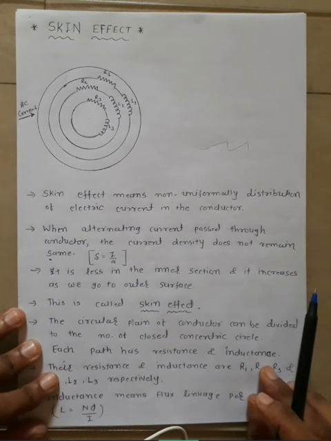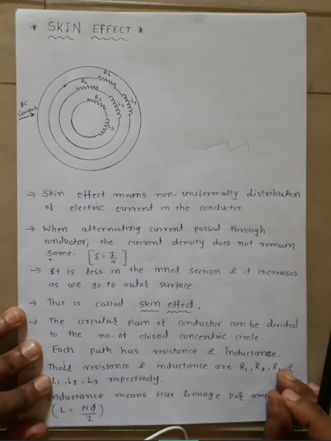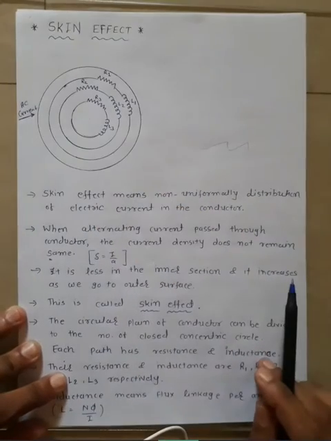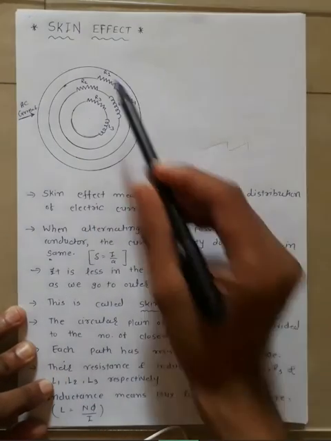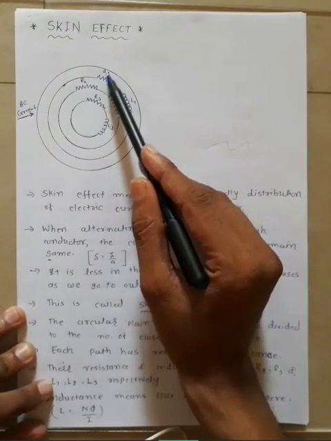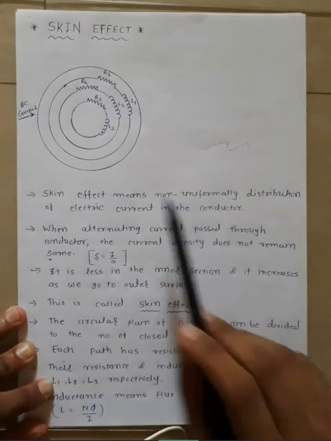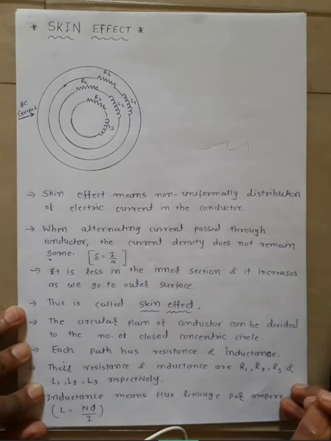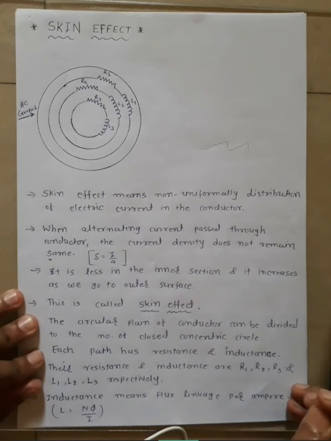Here the circular cross section of the conductor can be divided into a number of closed concentric circles. Each part has a resistance and inductance, R1, R2, R3 and L1, L2, L3 respectively. Inductance means flux linkage per ampere.